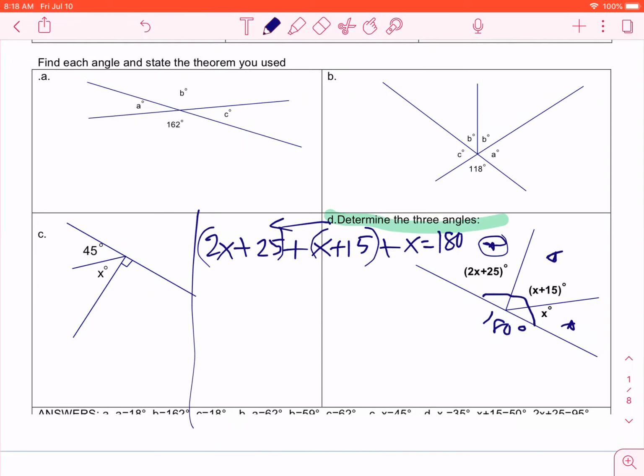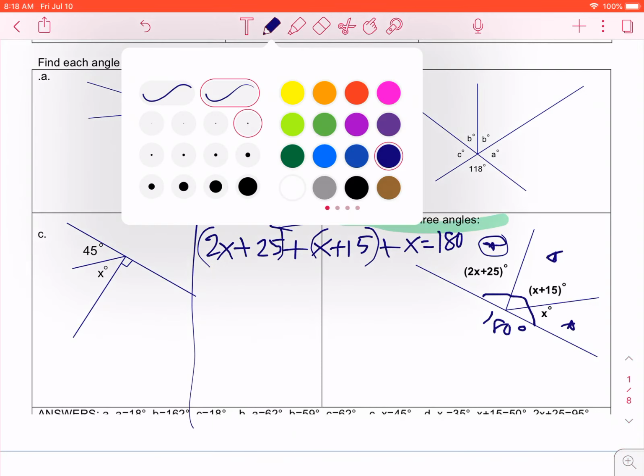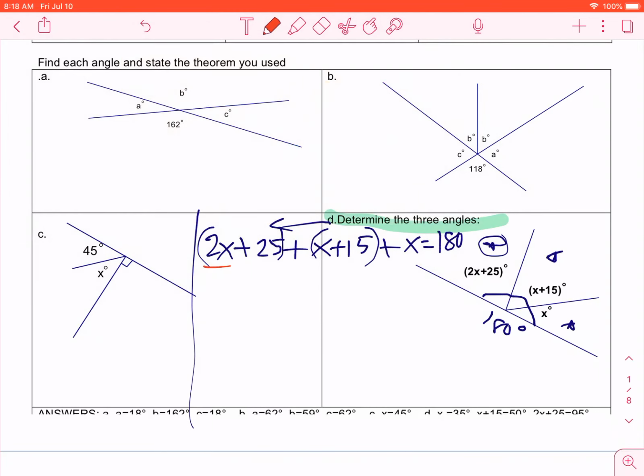Because I'm adding polynomials, I'm going to drop my brackets, and because it's adding, it's very straightforward. So I'm just going to collect like terms. 2x, x, x, so in total that should be 4x. Then I'm going to add up 25 and 15, which should be plus 40.